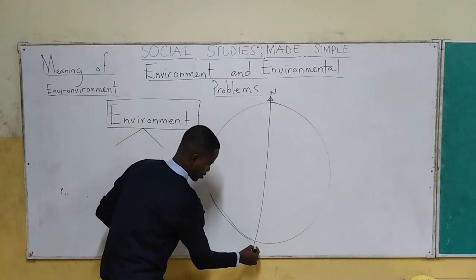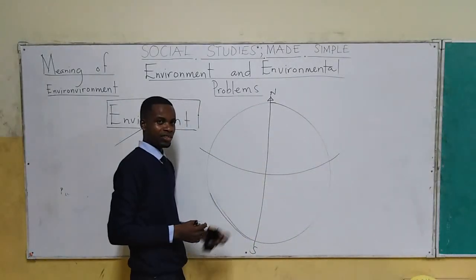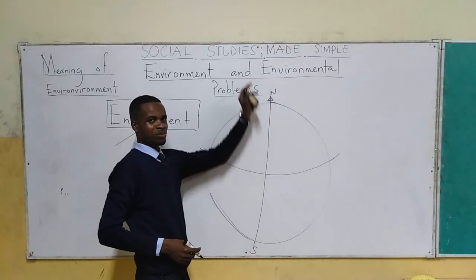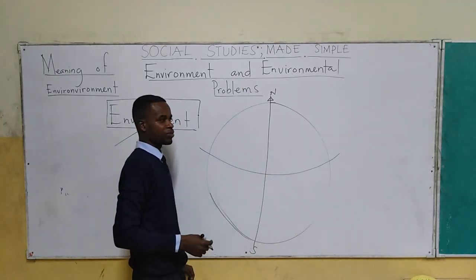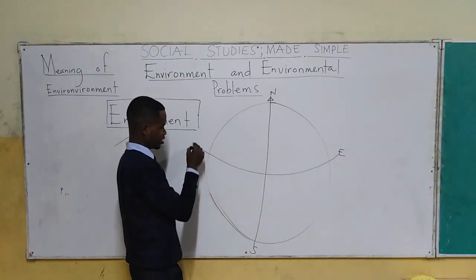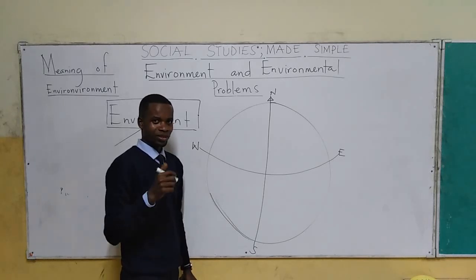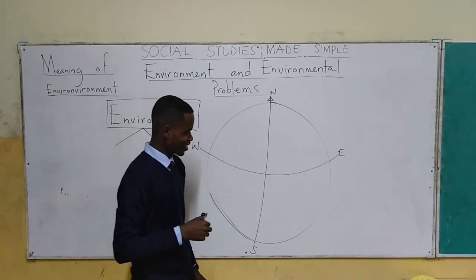North, the south, and you have your equator dividing the earth into northern hemisphere and southern hemisphere. Put the east here, put the west here. Have you done that? Good student. Let's continue.